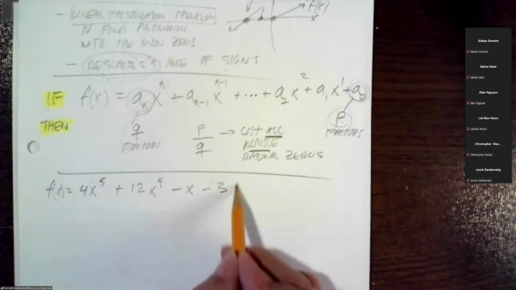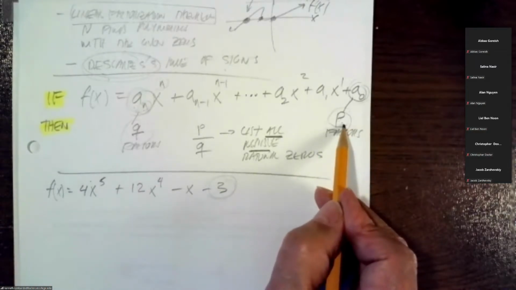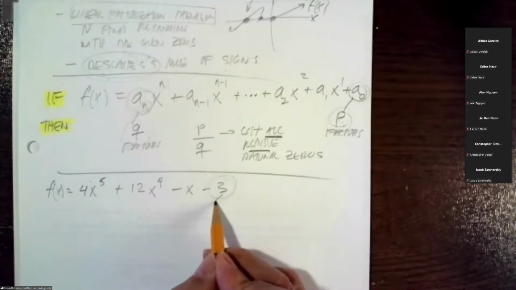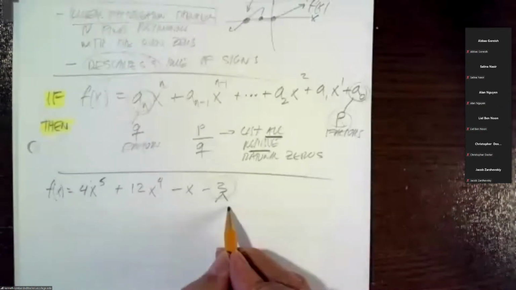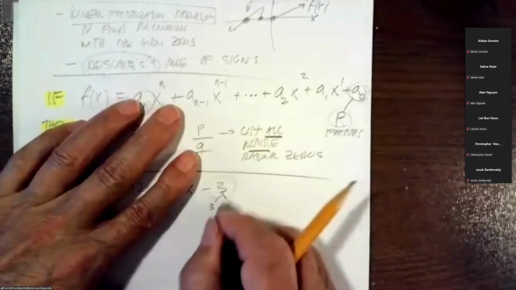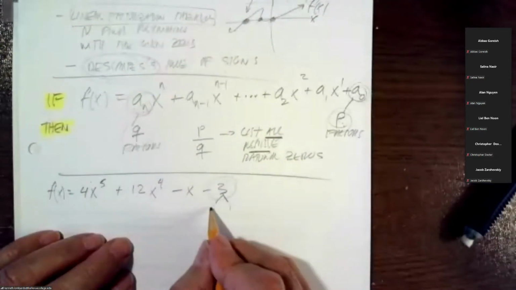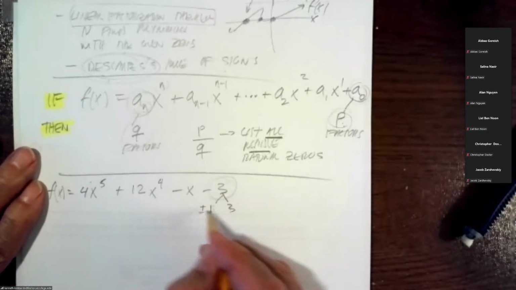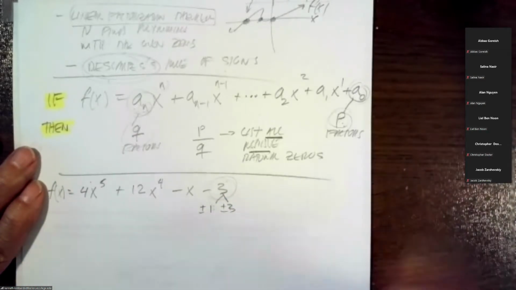And here's my constant. So I'm going to call the factors of this p. Well, what are the factors of 3? Well, 1 and 3, those are factors, aren't they? And I will list them from left to right here, 1 to 3. And it turns out they can be positive or negative, can't they?